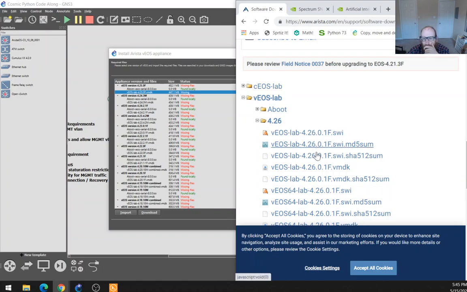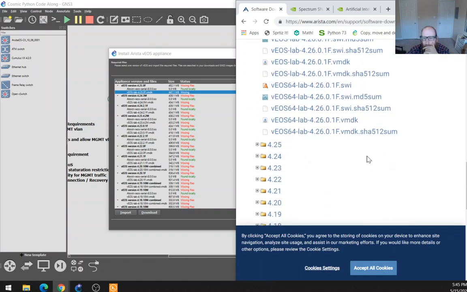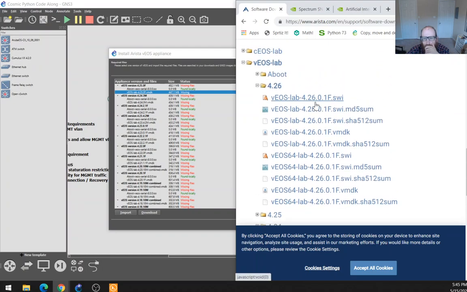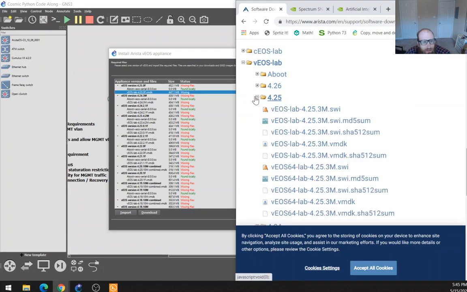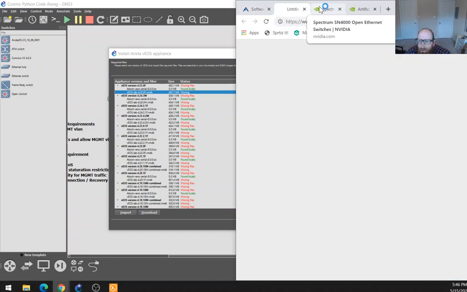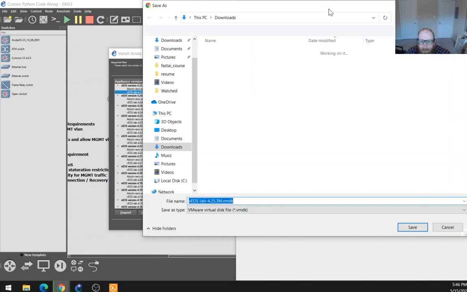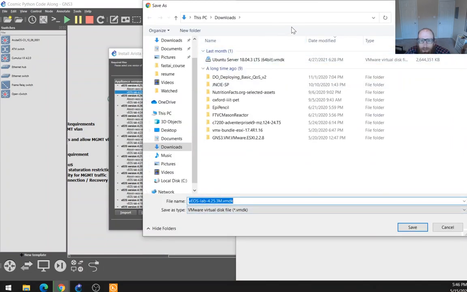Oh. Wait. Oh, this is 2.6. 2.6.0.1F. So this looks kind of like what I need. This should be 4.7.1. How big is it?